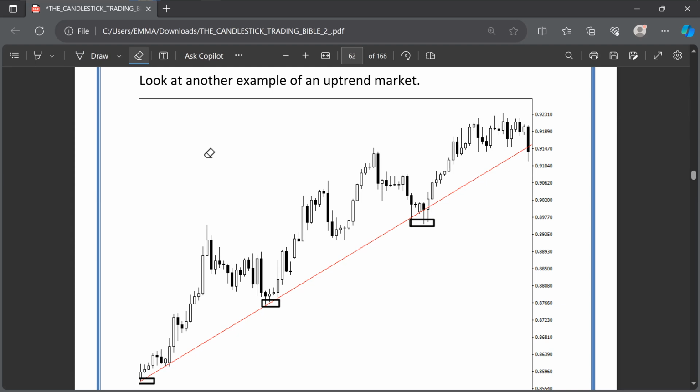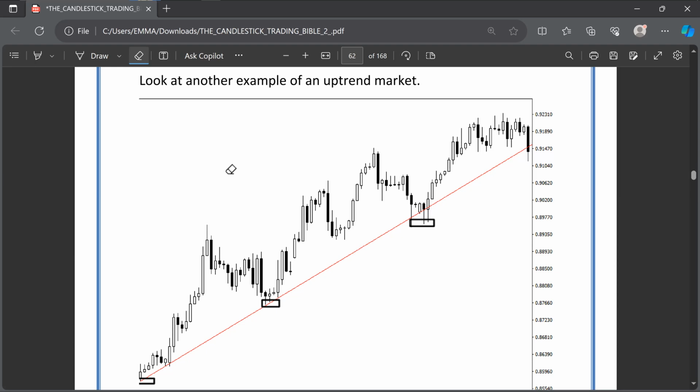But for entering the market, you use the first line, the line drawn at the bottom, as in the support.